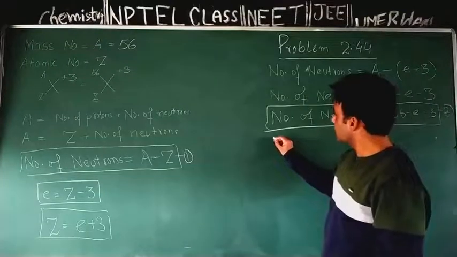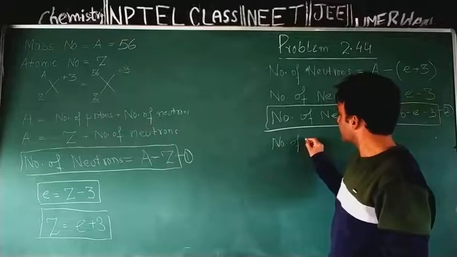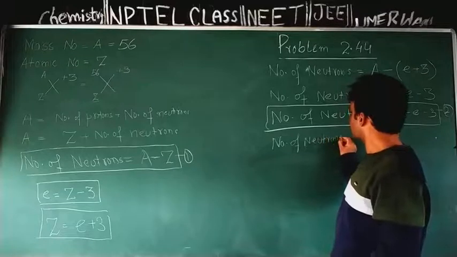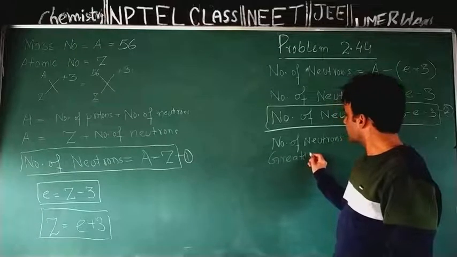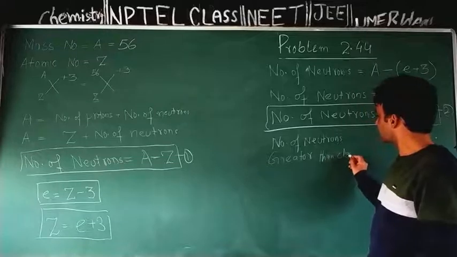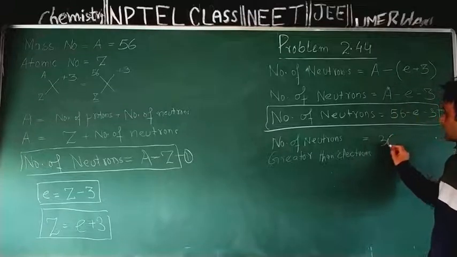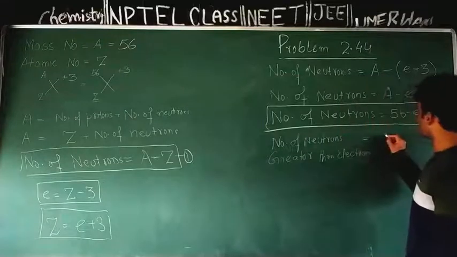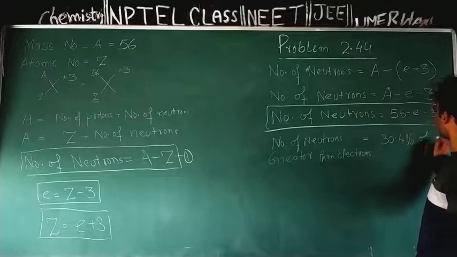Number of neutrons which are greater than electrons is 30.4% of number of electrons.